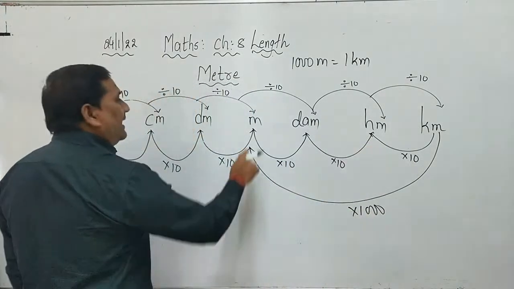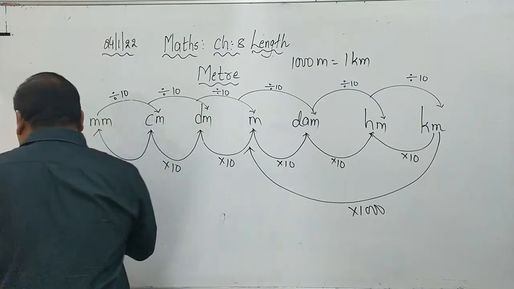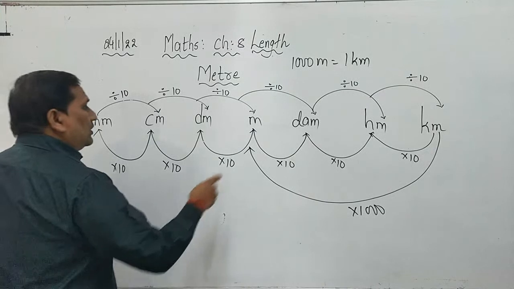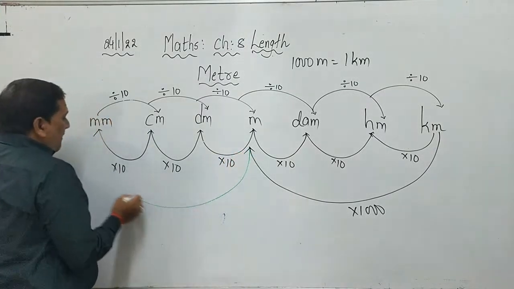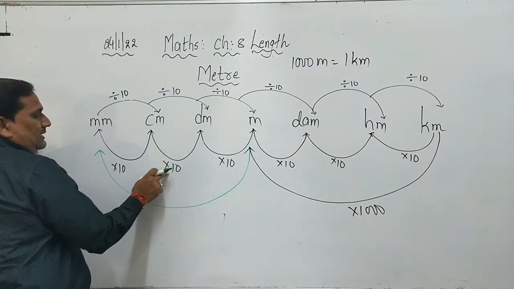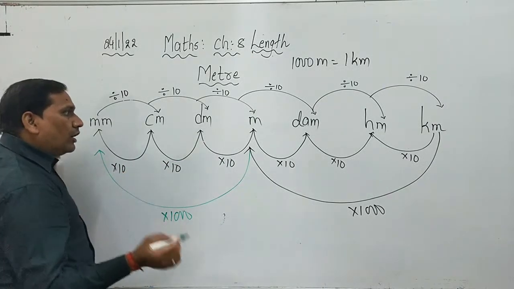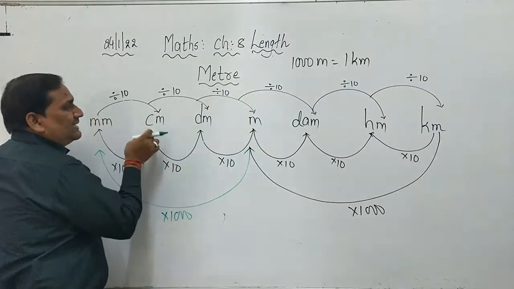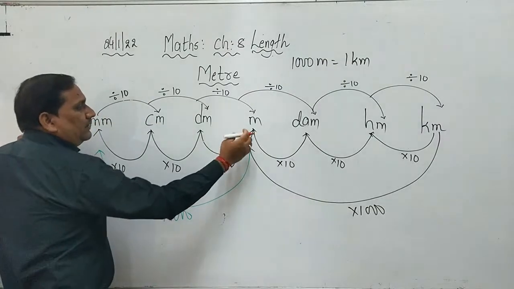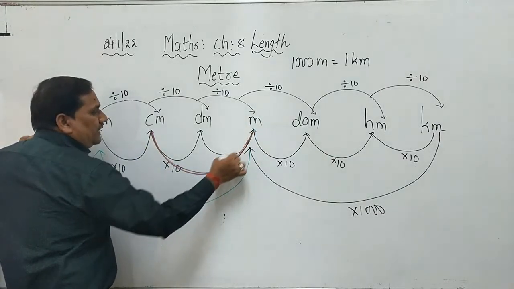In the same way, when I have to convert meter to millimeter, from bigger to smaller, 10 10s are 100, 100 10s are 1000. Okay. Or when I have to convert meter into centimeter, मीटर से मुझे सेंटीमीटर में कन्वर्ट करना है, मीटर टू सेंटीमीटर.